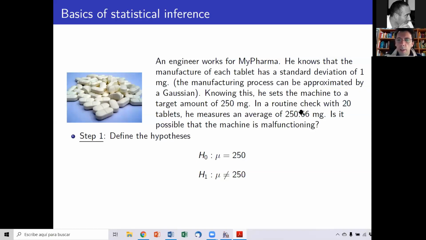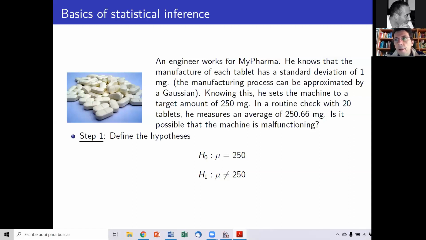Is it possible that the machine is malfunctioning, or it is correctly working, and then I should leave the machine alone? Both decisions have economic impact. For instance, let's say that the machine is correctly functioning, I stop it for calibration, and then I'm stopping the production of my company, and that is very costly.